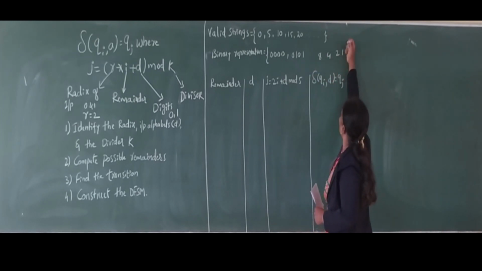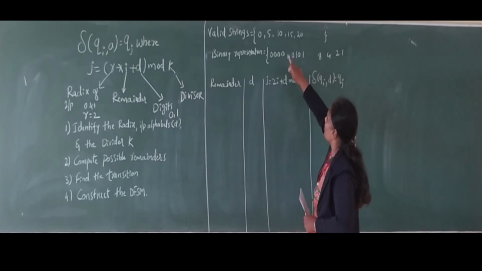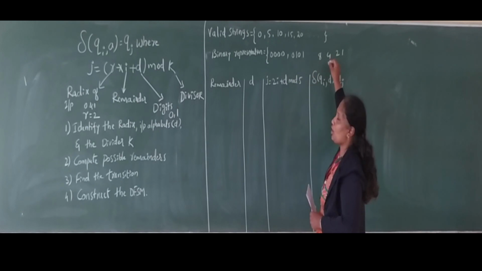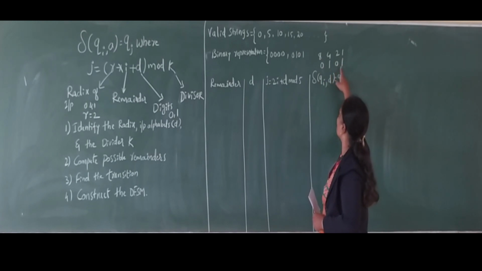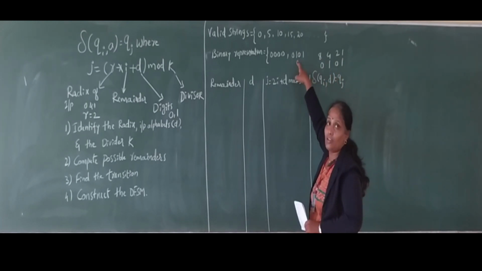If I want to represent 5, how do I get 5? By adding 4 with 1. So I write 1 for 4 and 1 for 1, remaining 0. So what I get is 0, 1, 0, 1. That is the binary representation of 5.